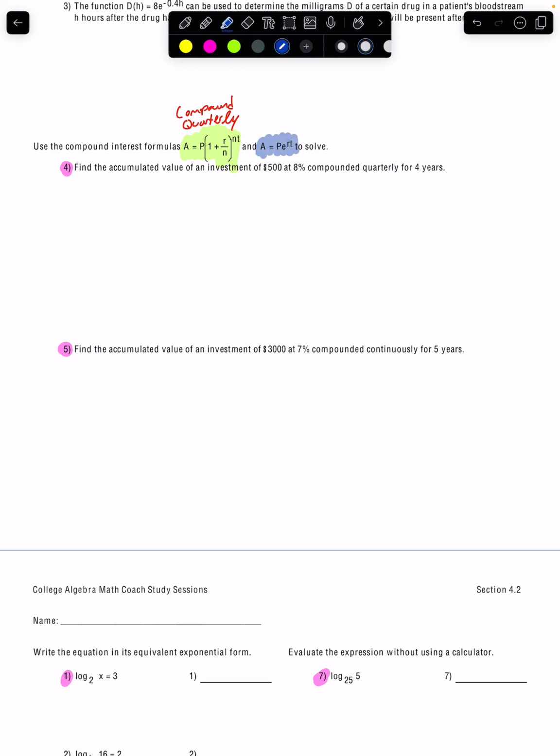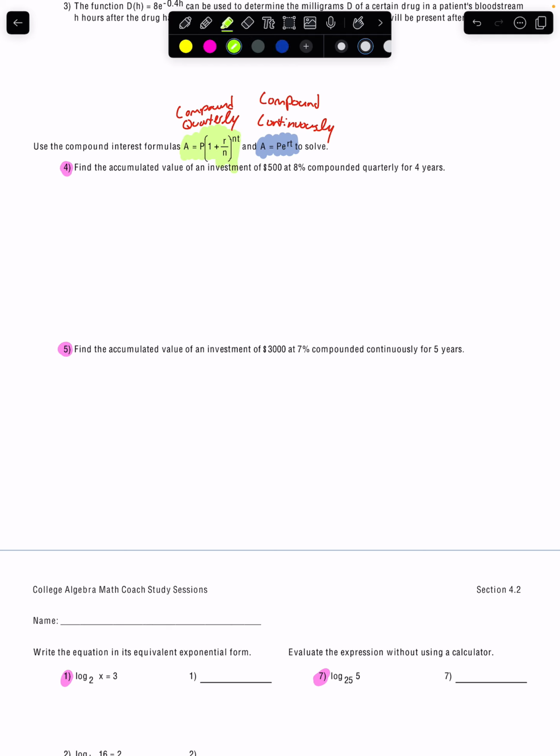And this formula, you're going to use when you have compound continuously. So let's look at our problems.